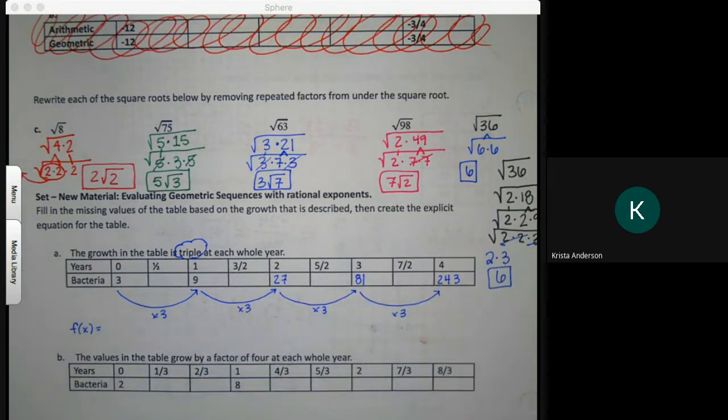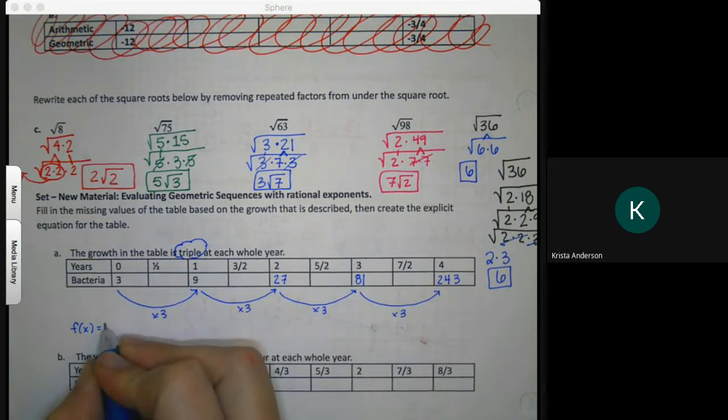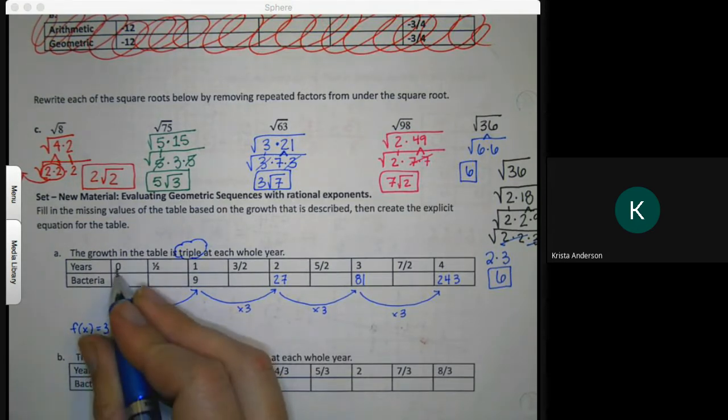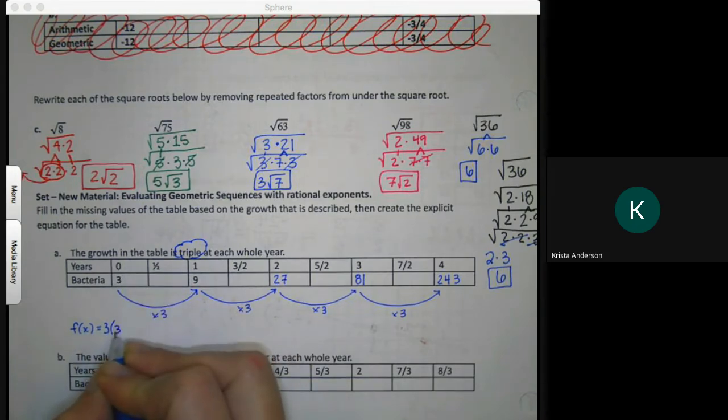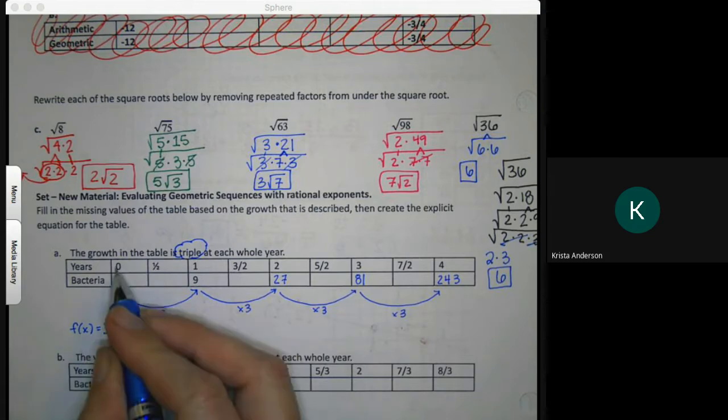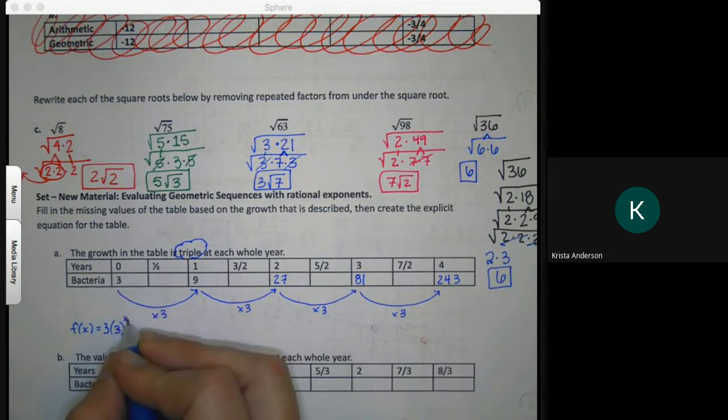Which number from the list, I would usually pick one of these that we're giving. Do you want to use the 3 or the 9? You can pick, does not matter. 3. You want to use the 3? Okay. I have a 3 as my 0 term, 0 year. It triples. Then I have a power of x minus 0.